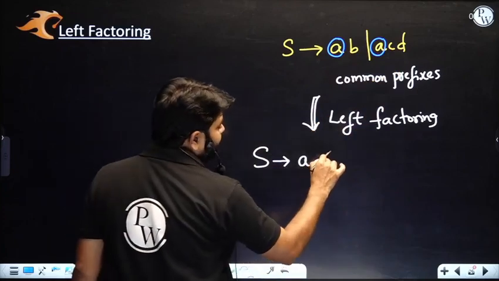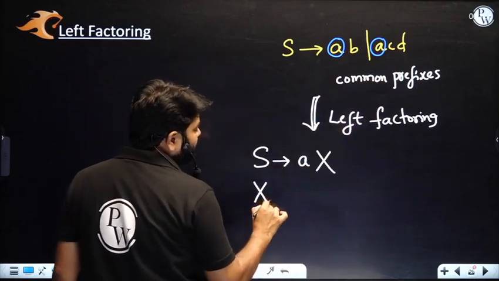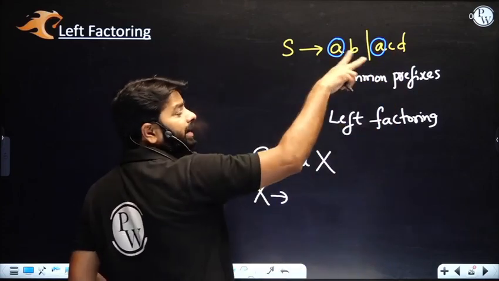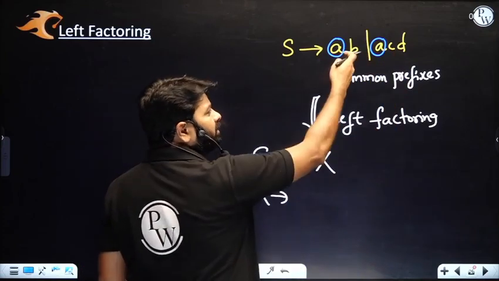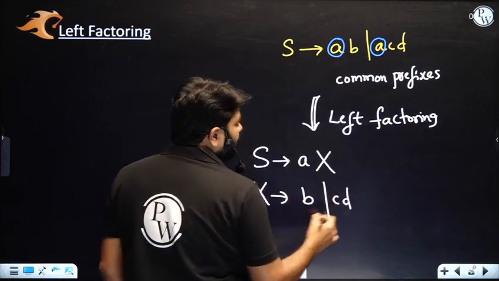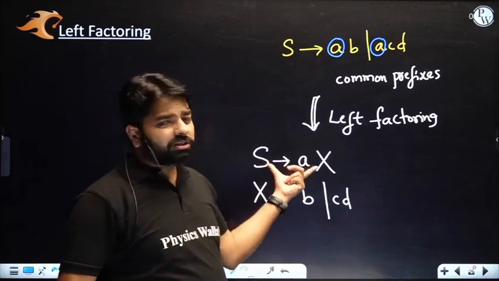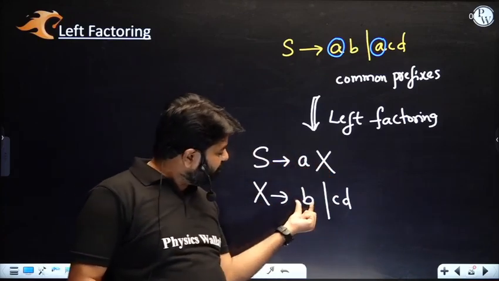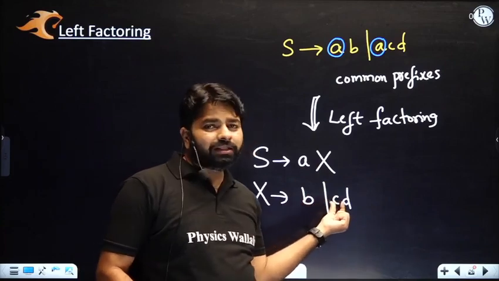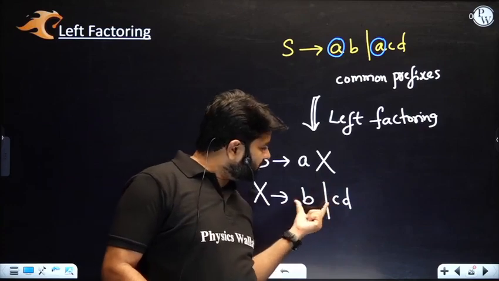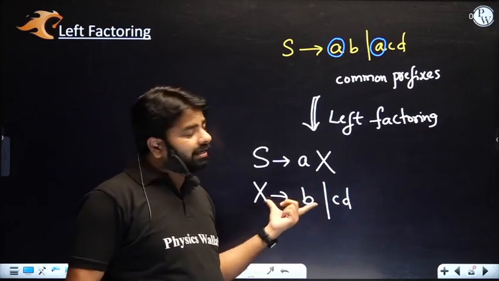Let's say X. X is going to derive the remaining suffixes of these 2 productions, either B or CD. In the first production, you don't have a common prefix, it's only one production. But if you have any common prefix in these 2 productions, you need to apply the same concept, the left factoring, on this again.